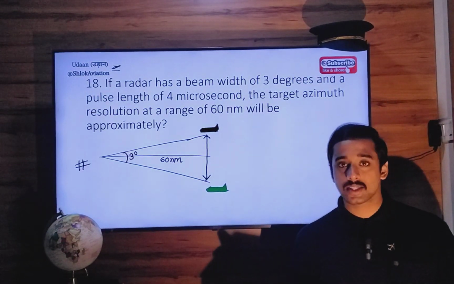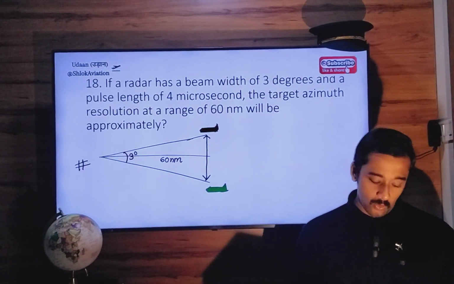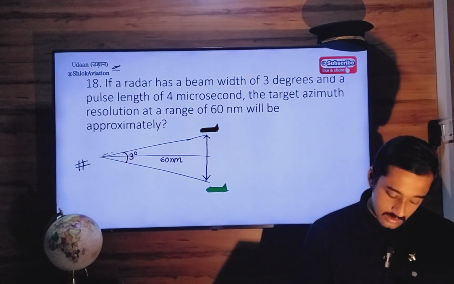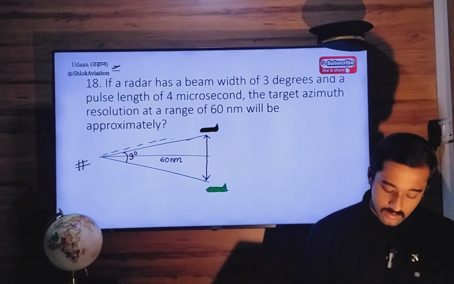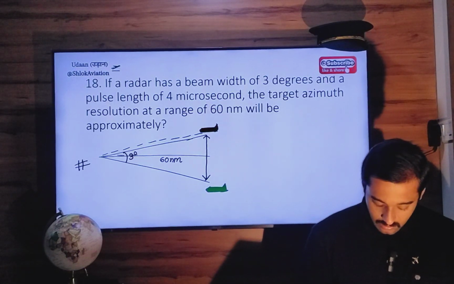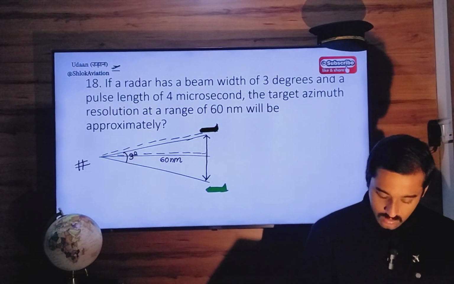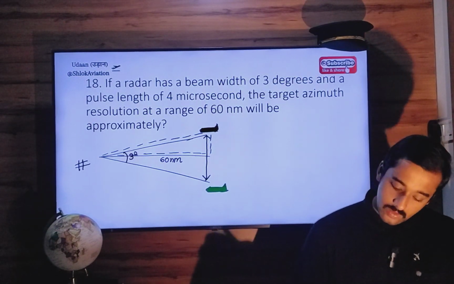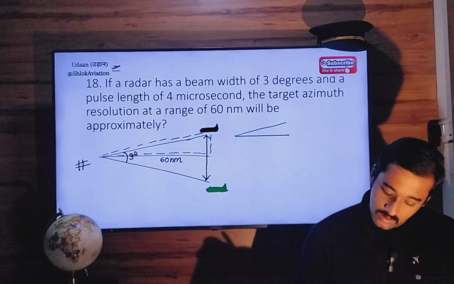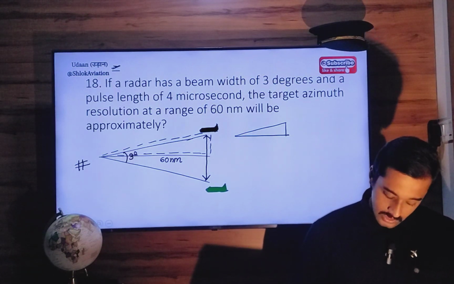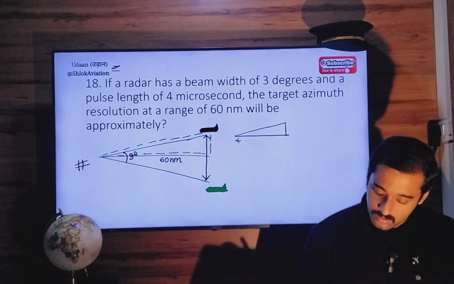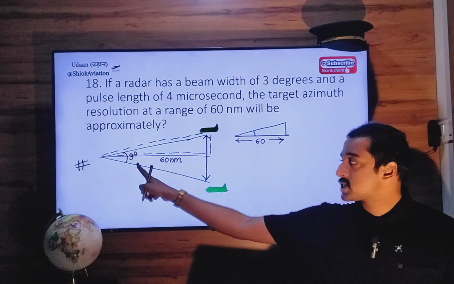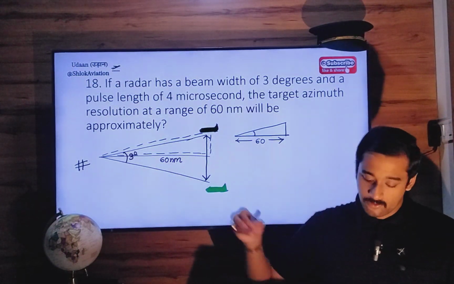In order to find that lateral distance, we will first consider one triangle, the upper triangle, this one. So the distance is 60. The total angle is 3 degrees, so 1.5 here, 1.5 down below.